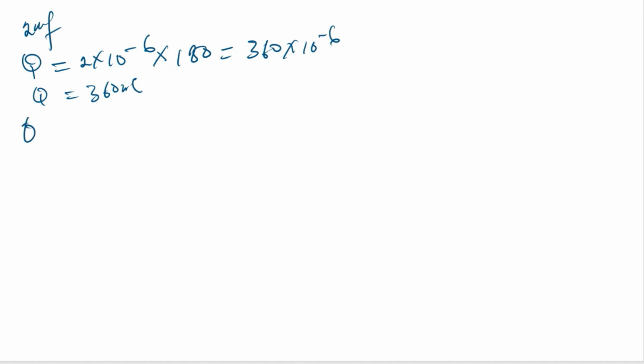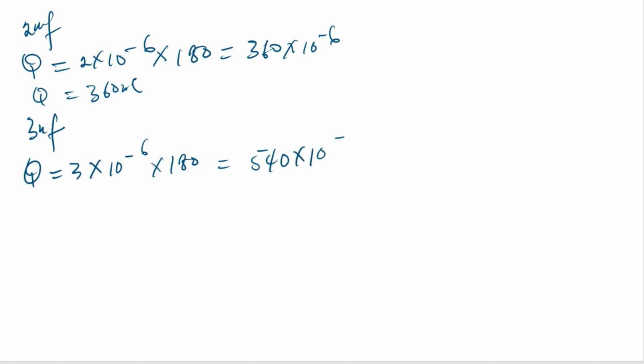Now, across the 3 microfarad, Q is equal to 3 times 10 raised to power minus 6 times 180, which is the same thing as 540 times 10 raised to power minus 6.